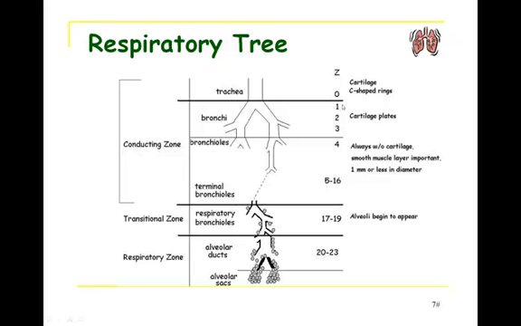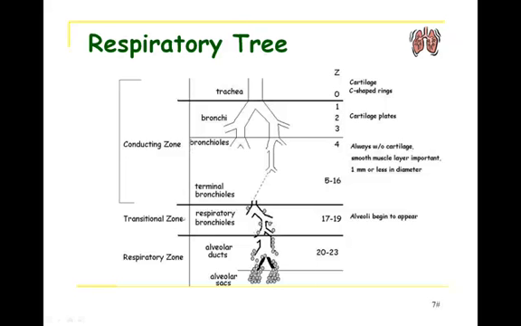You really don't need to know that generation 4 is the bronchioles. Just know that 0 to 16 is the conducting zone. Why do they call it the conducting zone? This is where we're just moving air. There's absolutely no gas exchange. We're just conducting the air in to where we can get to these areas down here, which you see in light gray. These represent the alveoli.